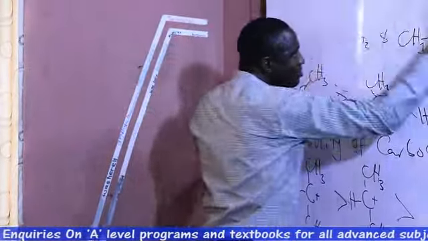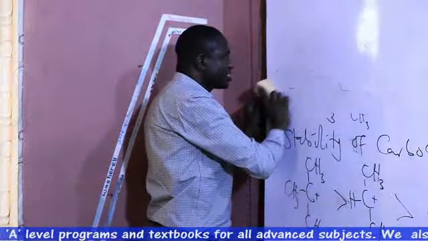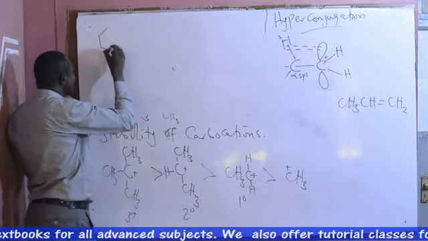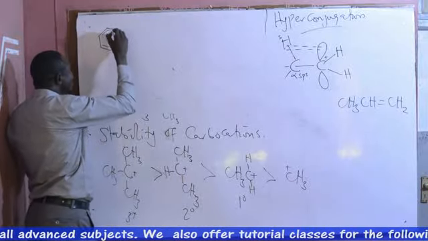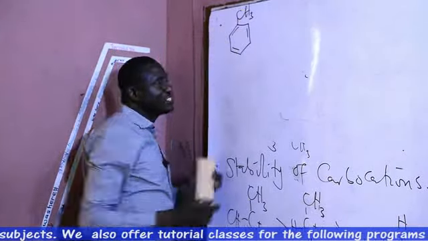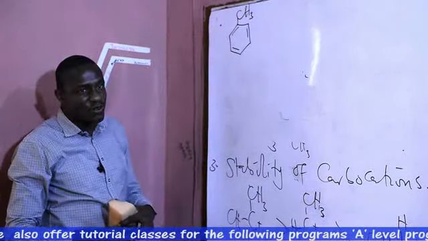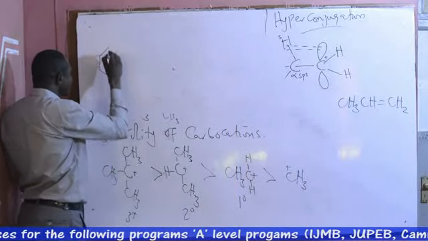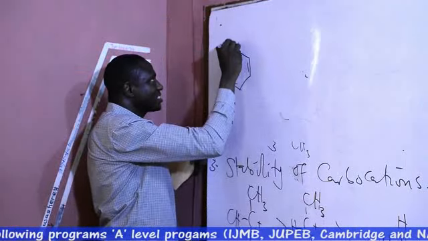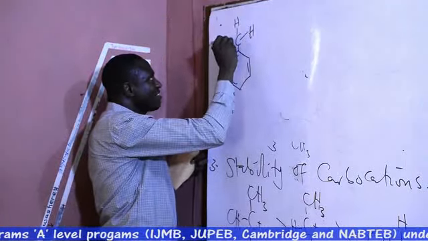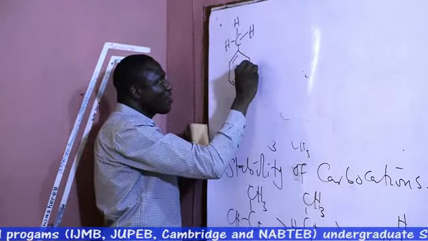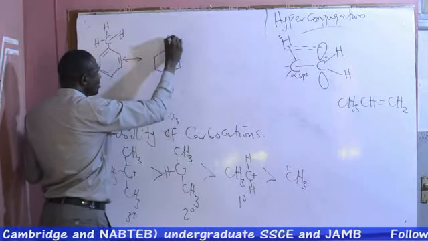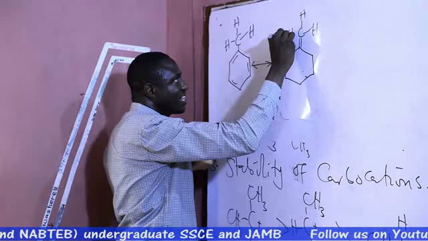Another effect of hyperconjugation is observed in alkylbenzene, and that is one of the factors that explain why the methyl group attached to the benzene ring is an ortho-para director. Let me draw it in a proper way. When you have something of this nature, a methyl carbonium ion, there are 3 alpha hydrogens here. As a result of hyperconjugation, you are going to have something of this nature: carbon, hydrogen, hydrogen, then hydrogen ion.